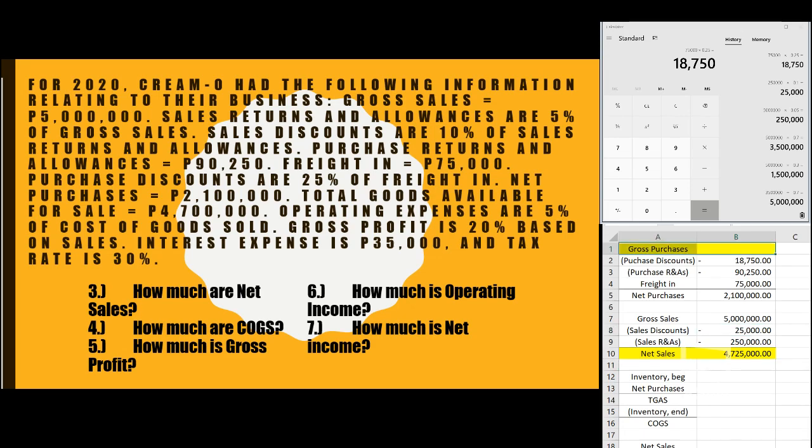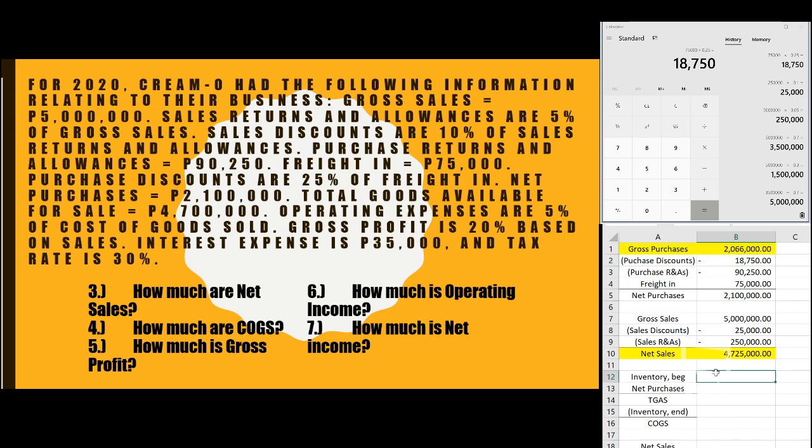This one as well, hindi to given. But, we're able to solve for this. So, we simply have to work back. So, pagsamasamahin lang natin yan. So, gross purchases will then be 2,066,000. Okay?